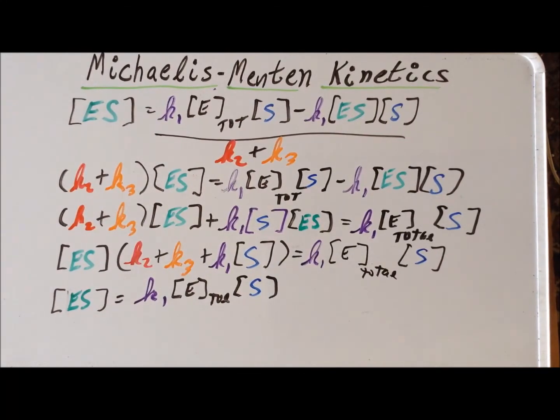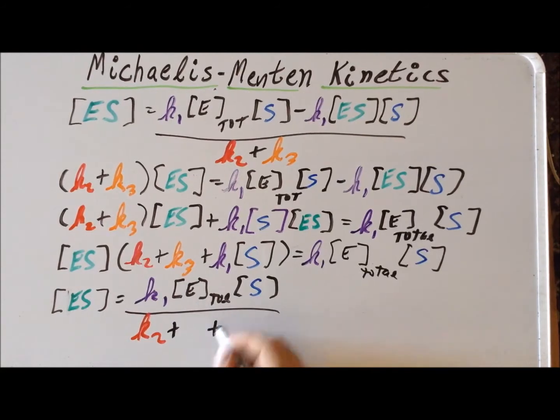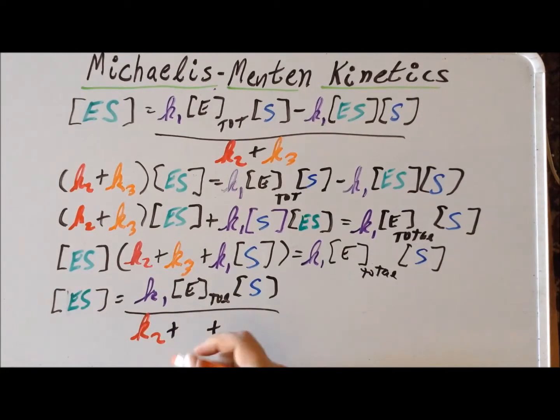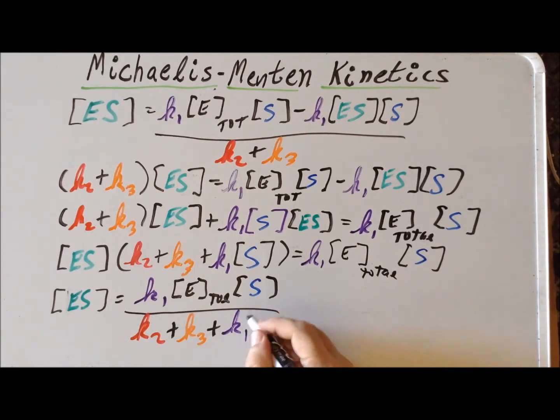And then for the denominator, we have the rate constant K2 plus the rate constant K3 plus the rate constant K1 multiplied by the concentration of the substrate S.